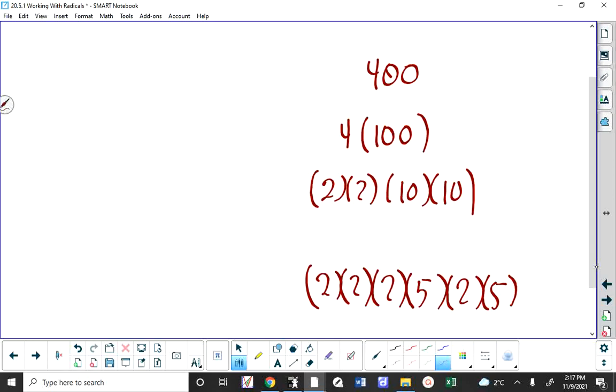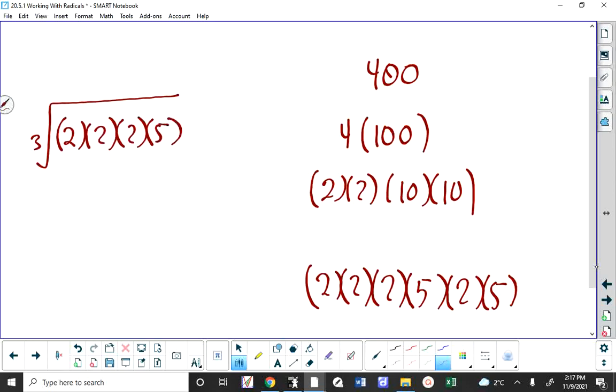So that is what 400 is equal to, which means the cube root of 400 is equal to the cube root of 2 times 2 times 2 times 5 times 2 times 5. So let's see how this rule works.